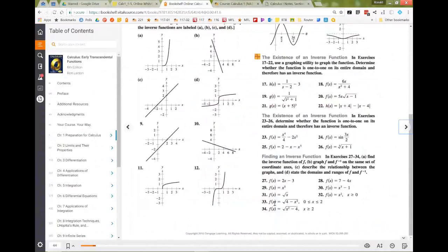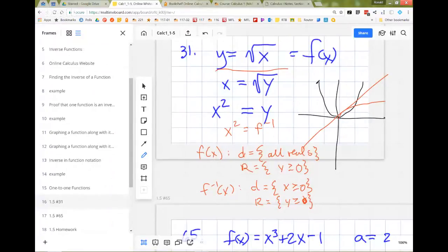If we go back and look in the book, you see how it just says 31, f of x equals the principal square root of x. So because of that, what we have is just the red curve, and it's not mirrored with the negative on the bottom. So you got to be a little bit careful with those.